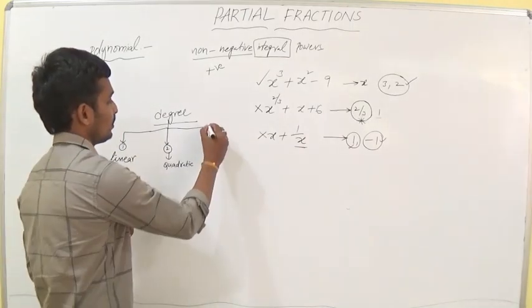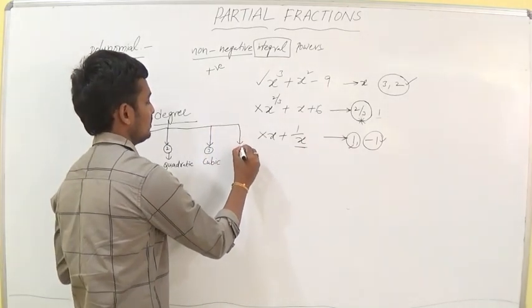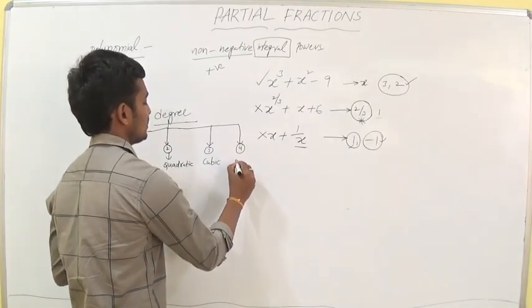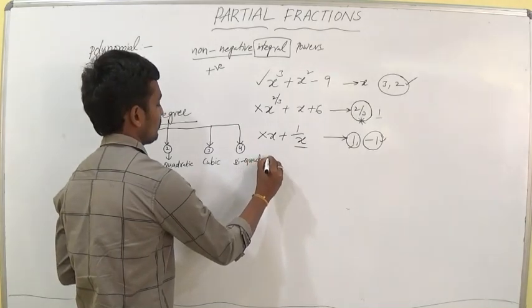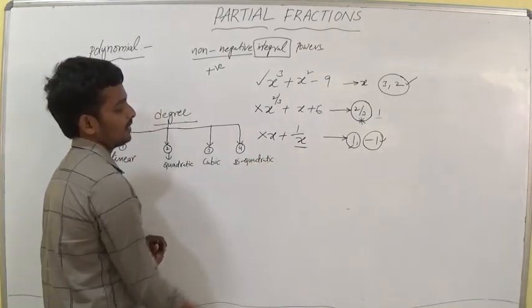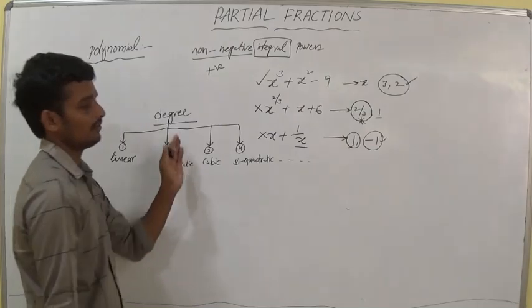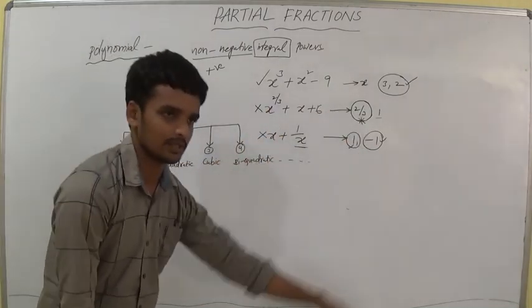If the degree is 4, it is a biquadratic polynomial. And there are some other names for degree 5.